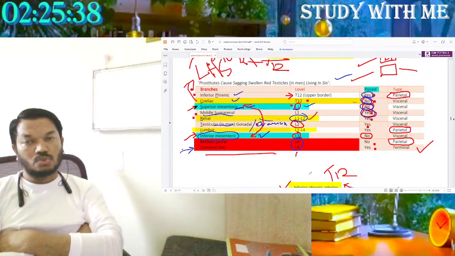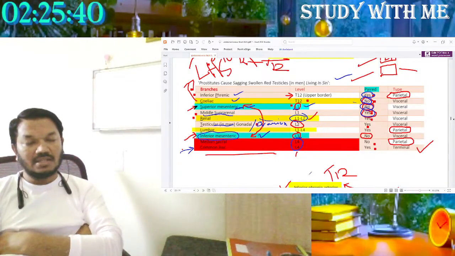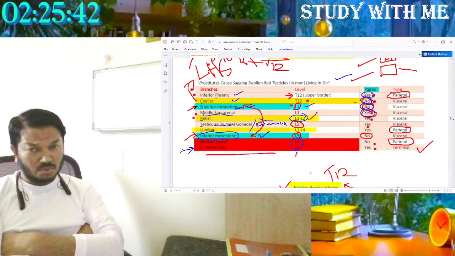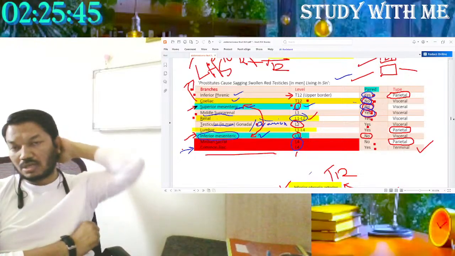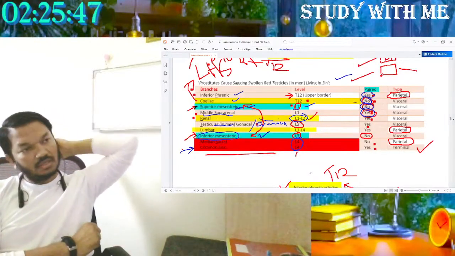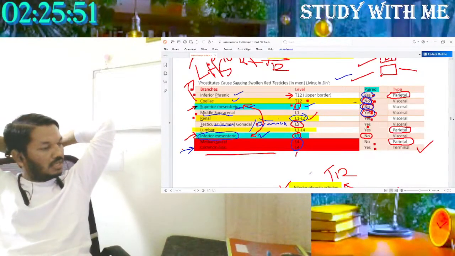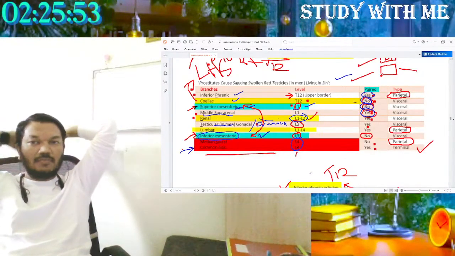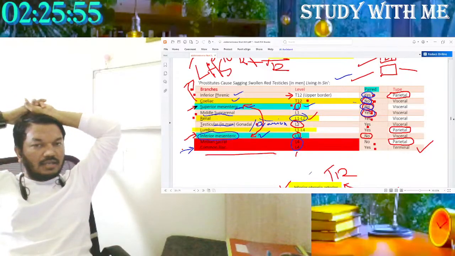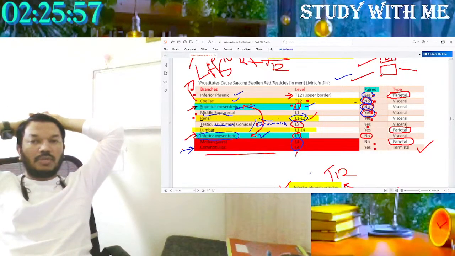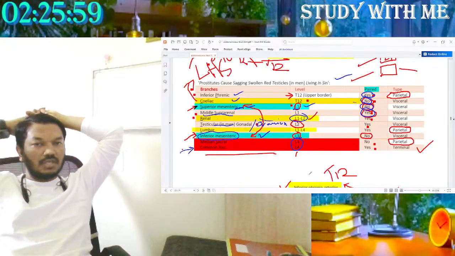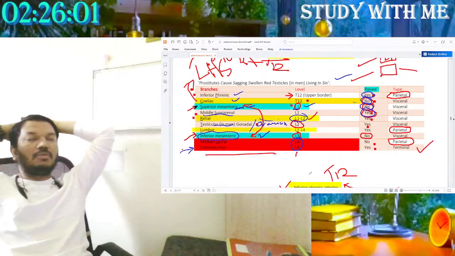Then we have superior mesenteric L1 and middle suprarenal. Suprarenal gives supply to the suprarenal or adrenal gland. The adrenal gland is on both sides, so it will be paired. Okay. Superior mesenteric is single.